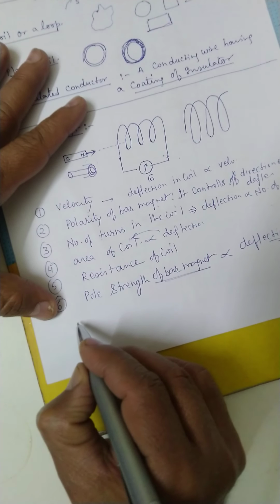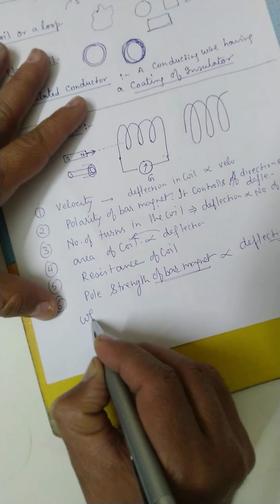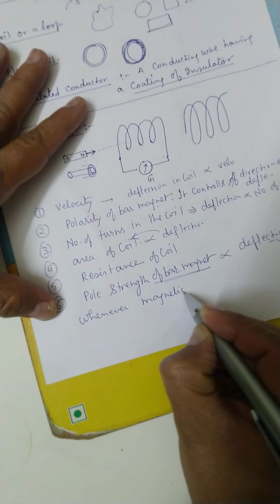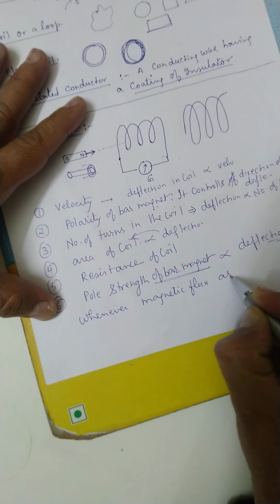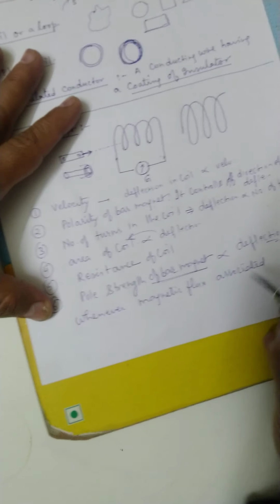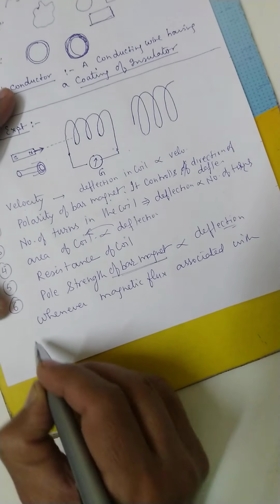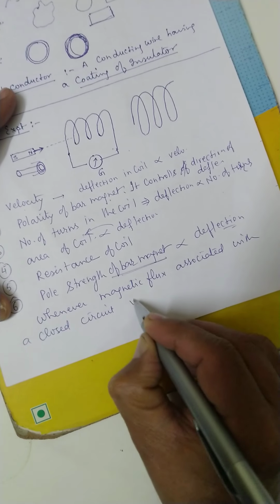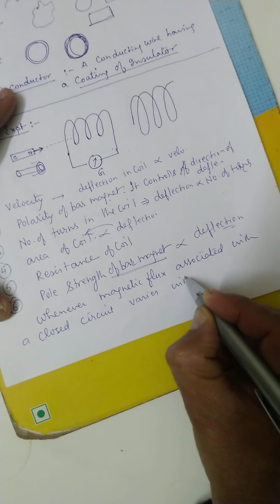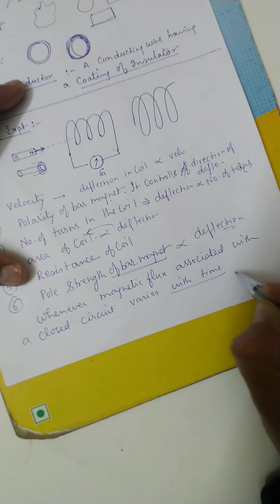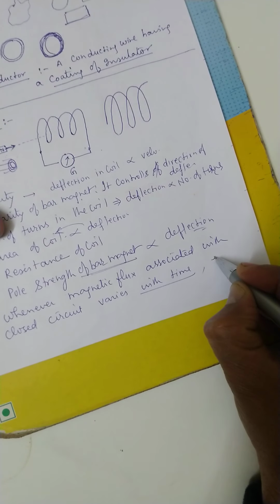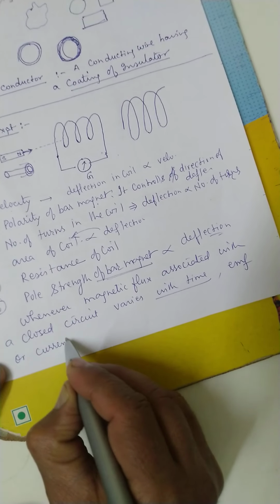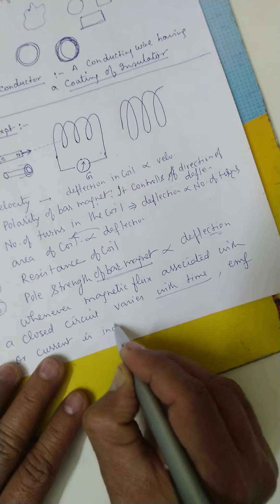What Faraday did conclude, that whenever magnetic flux associated with a closed circuit varies with time, EMF or current is induced.